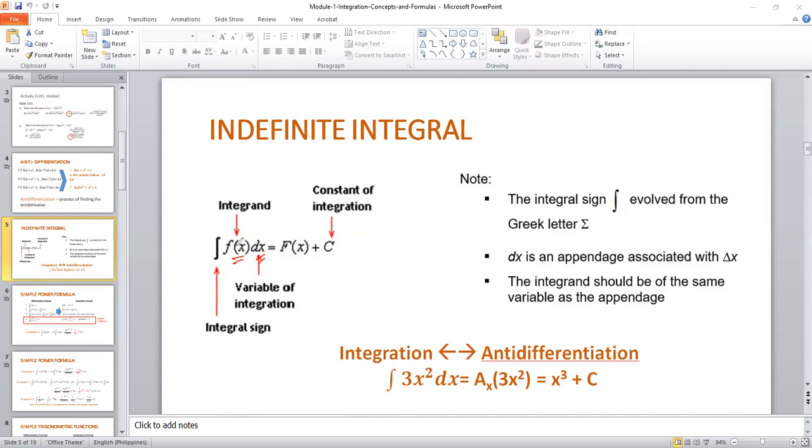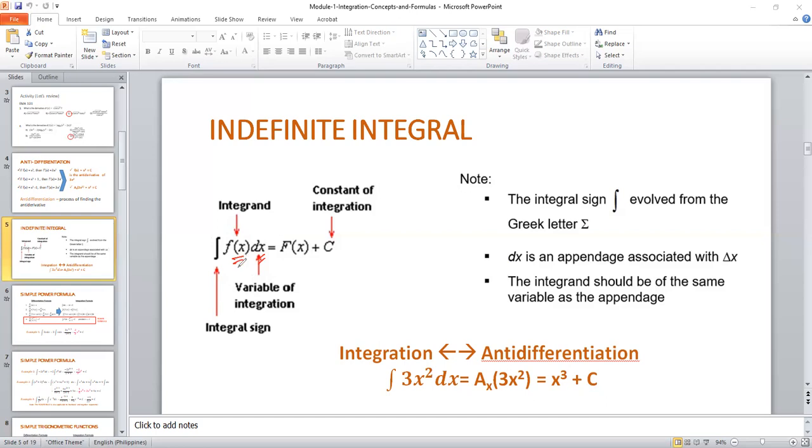If this is x and this is y, then you will be what we call performing integration, in which you will consider this particular function of x all as constants. Why? Because your variable here in the appendage is not the same as the variable that appears in your integral.